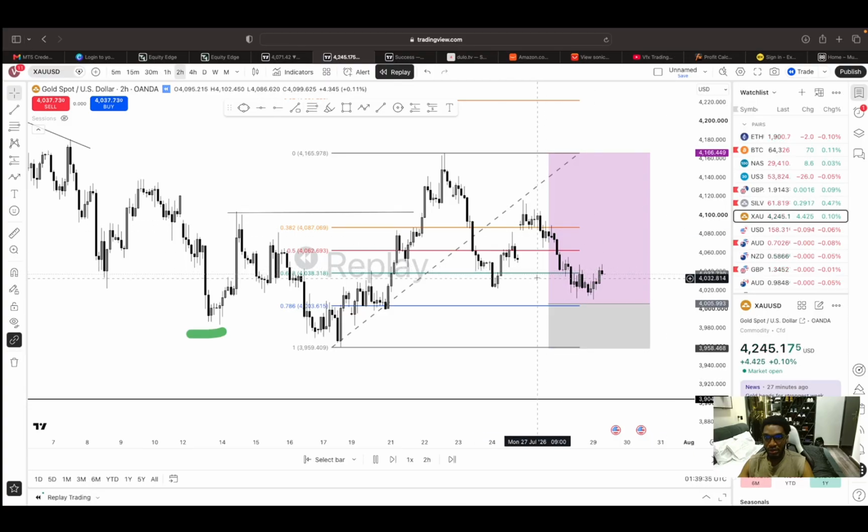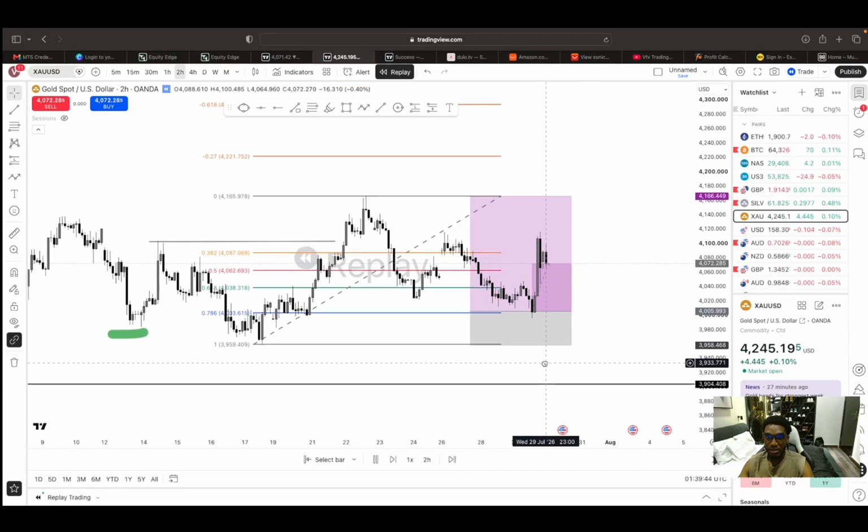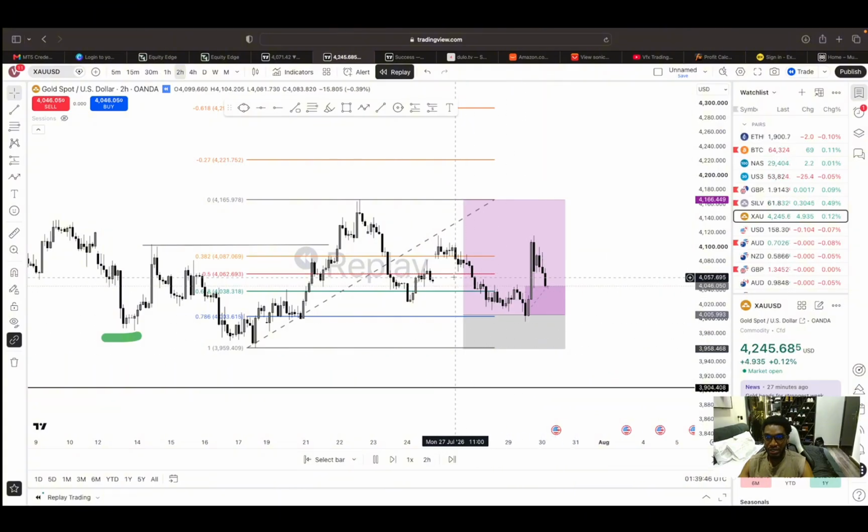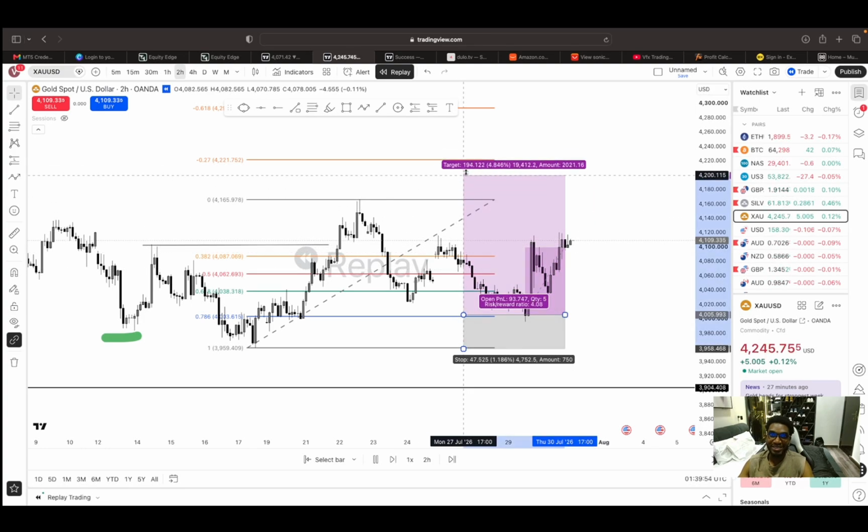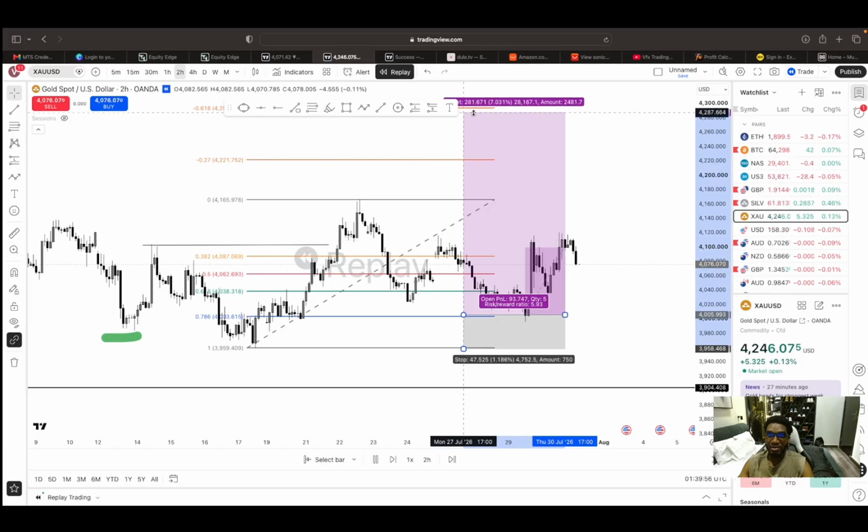And this can be our TP1, TP2, TP3, TP4. Okay, now we are inside the trade. As you can see, the Fibonacci is playing out. Price has already hit TP1. You know, this can be our TP2. If you are a very greedy person, this can be your TP3. This can be your TP4.